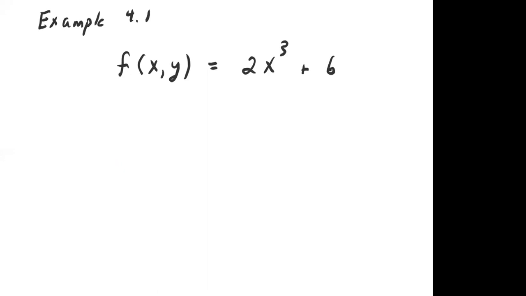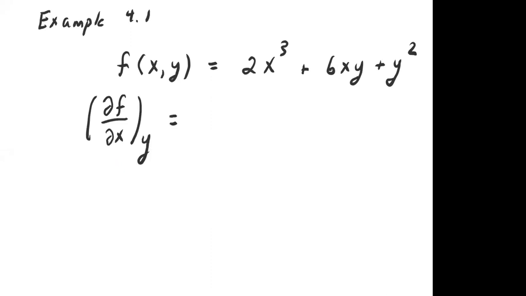And in the example, you don't literally have to sit down and write down these Newton quotients. So this is lecture 4, example 4.1. Here's a function of two independent variables, x and y: 2x cubed plus 6xy plus y squared. So I want to evaluate the partial derivative of f with respect to x and fix y.